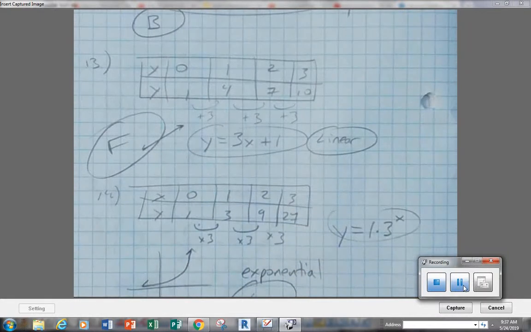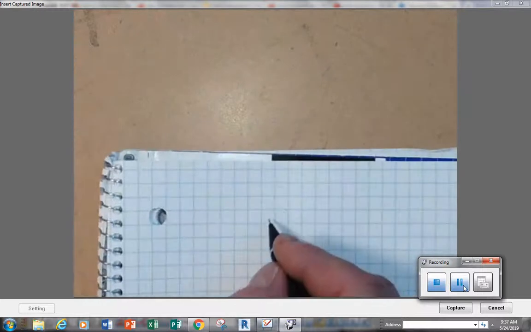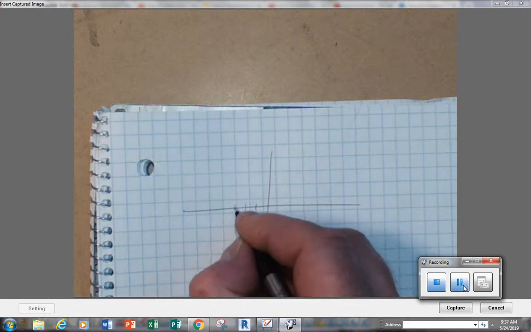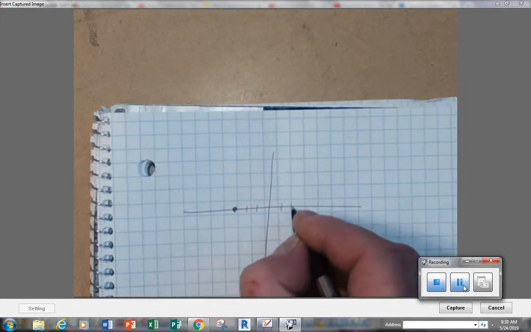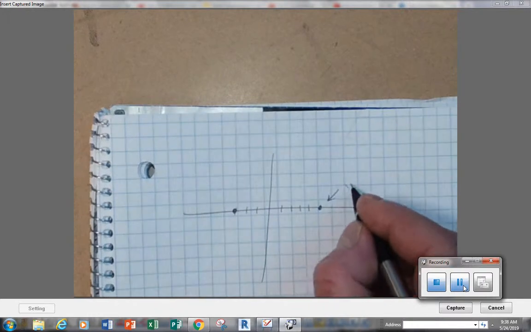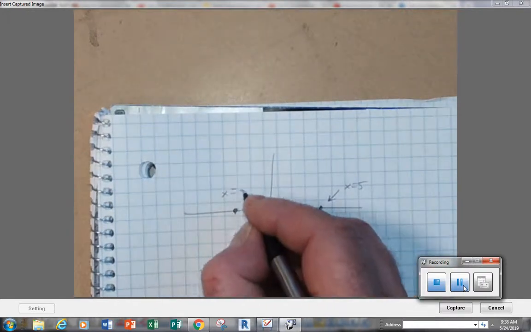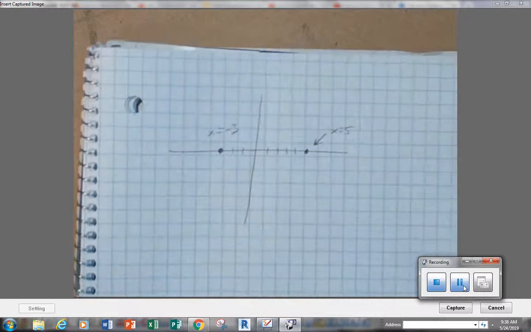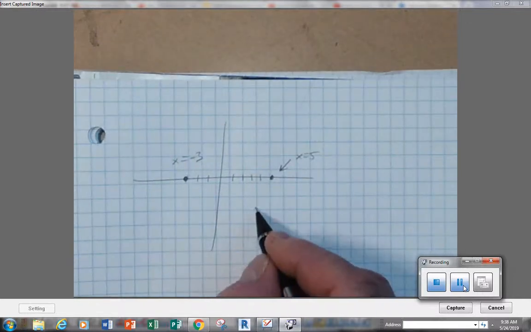And then bonus. What is the equation of the axis of symmetry of a parabola? Here we go. So this one has roots, x-intercepts negative 3 and 5. Remember, the way that would look in factored form would look like this.